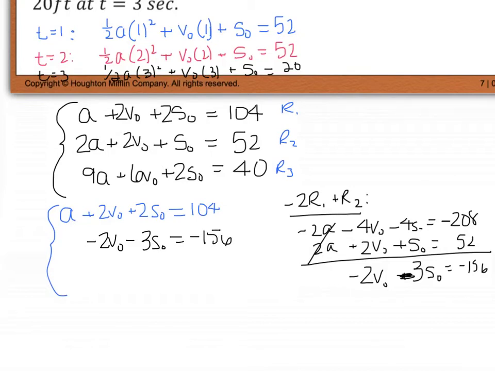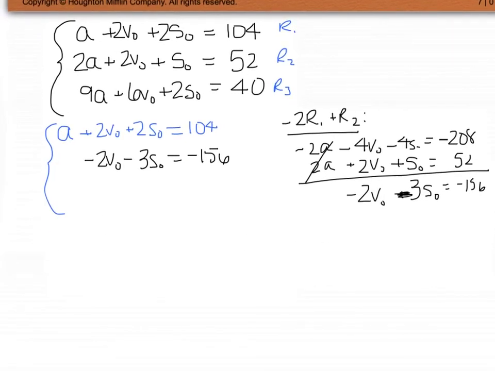I have to come up with a new third equation. To do that, I'm going to eliminate my a, and I'm going to use that first equation with the third one. So I'm going to go negative 9R1 plus R3.